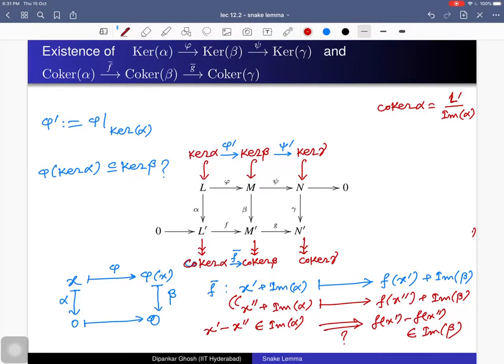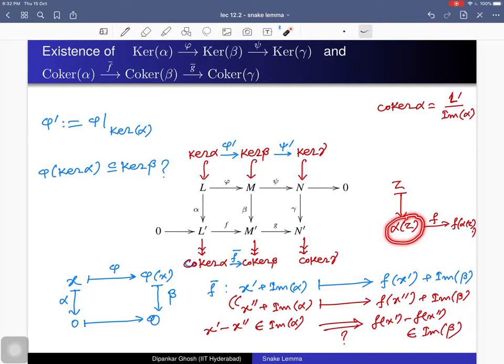So let us consider something here. Let us say it is z, and you are applying alpha of z, and if you apply f of alpha of z, then we should prove that this is an element in the image of alpha we are considering.